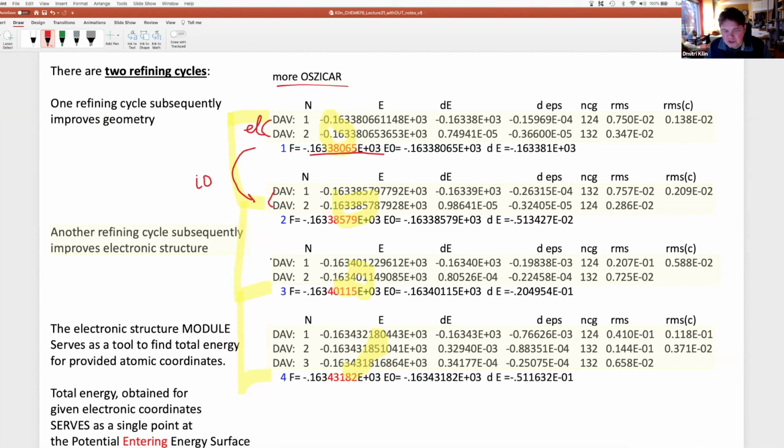And the number of electronic steps can be shorter than 60 if the system is well defined and converges well. And as we go from one ionic step to another, you see this energy is changing and getting smaller and smaller if we run an optimization, or it can oscillate if we look at molecular dynamics.